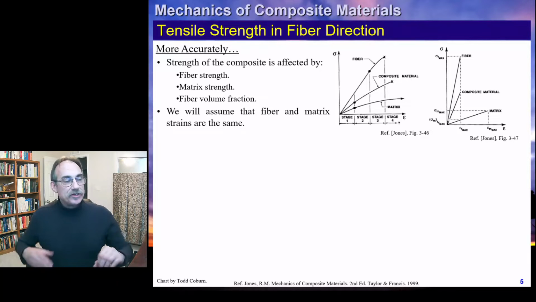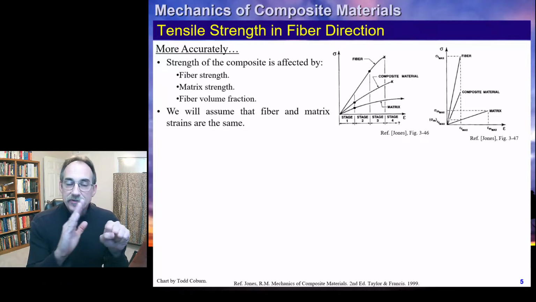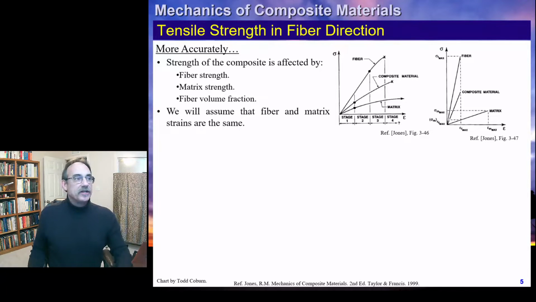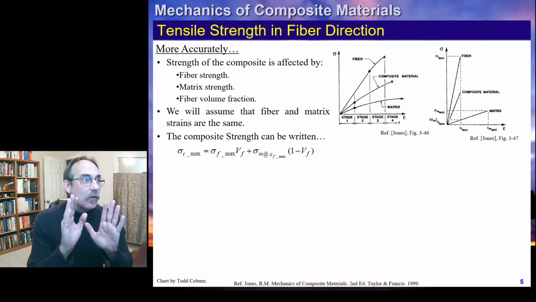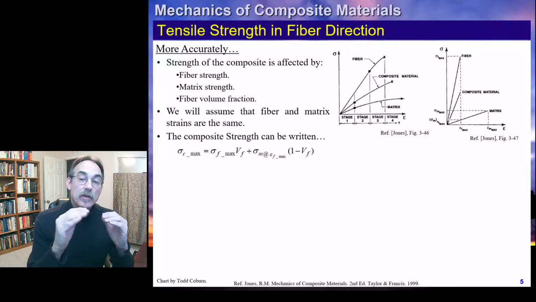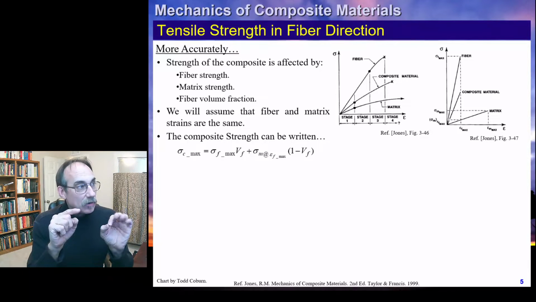We're going to assume that the strains in the fiber and the matrix are the same, that they act as one, that there's not differences across the cross-section. And we can then write our composite strength like this. When we say composite strength, we mean for the lamina itself, the combination of fiber and matrix. So we're going to use the nomenclature here momentarily.